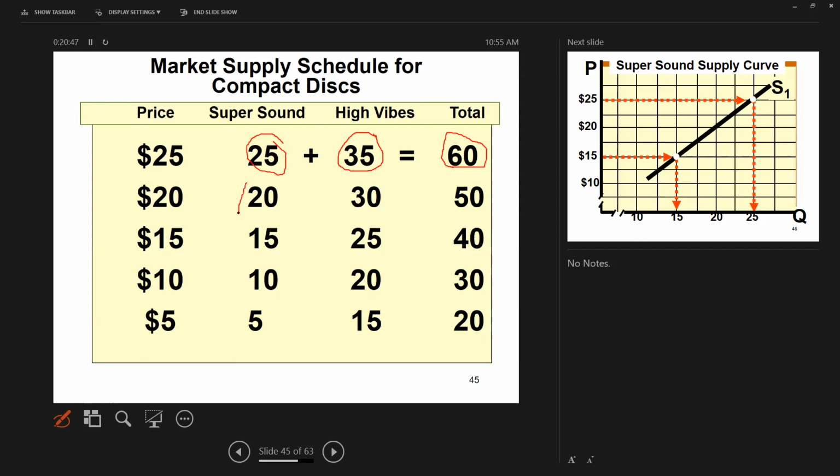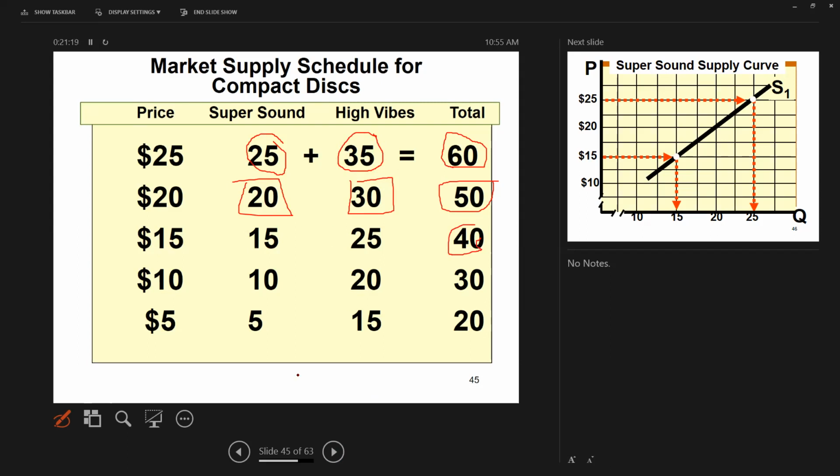Super Sound is going to offer 20, plus the 30 that High Vibes will offer. Total or market supply becomes 50. We could have more suppliers in our market, but we're limiting it to two to make it simple. We just find out from each supply schedule how much each supplier will offer at that price, and then we add it. That becomes market supply.